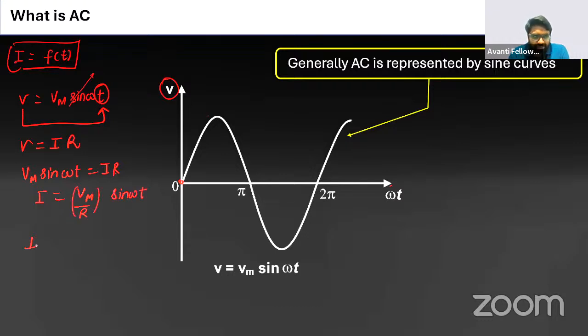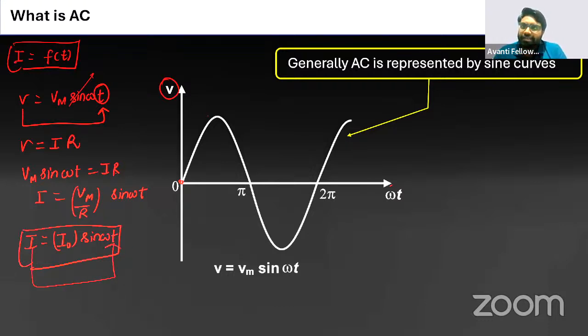Now we can say that I is equal to I naught, where Vm upon R is the peak value of current itself, into sine omega t. From here you can also see I is also dependent on time. So both current and voltage, or the EMF of the circuit, are alternating in nature.